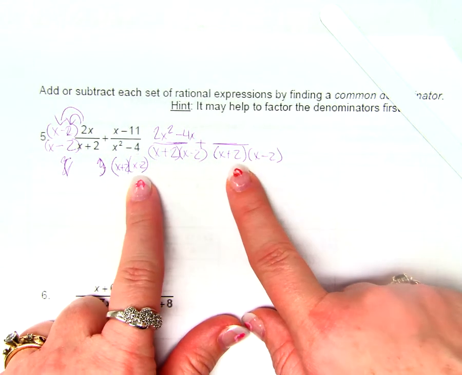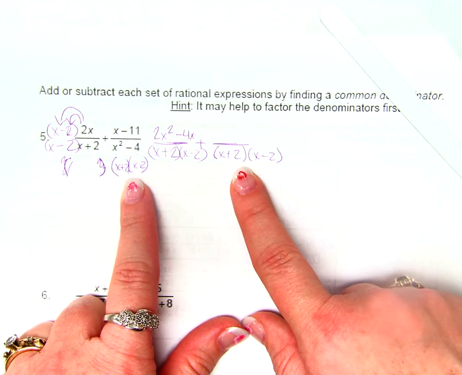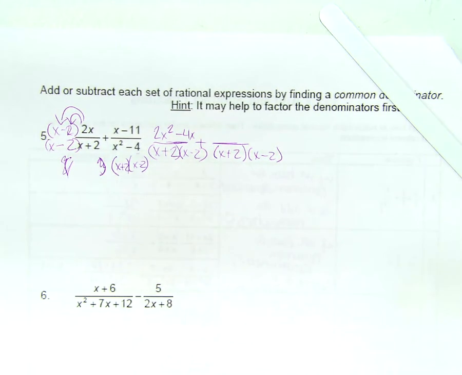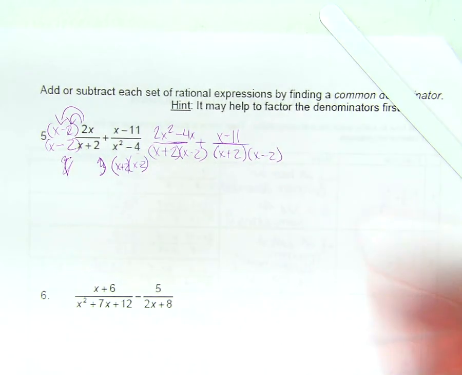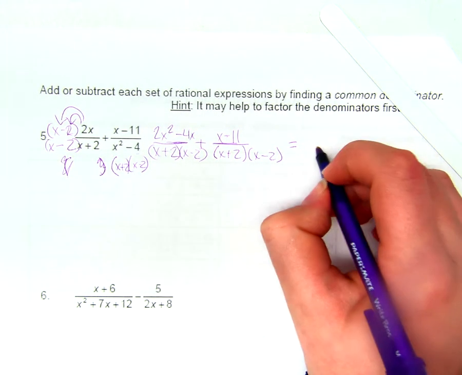These two? They're exactly the same. So what happens to the numerator? It also stays the same. Perfect. Okay. Equals. Give me one fraction with the denominator that we have. Like a line.